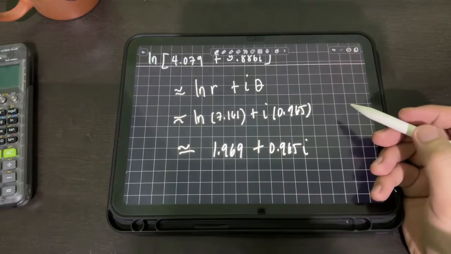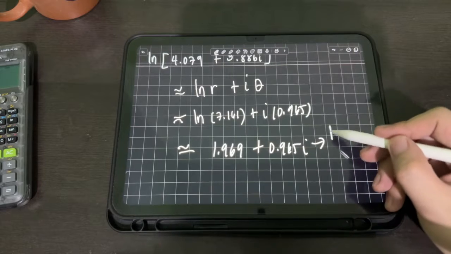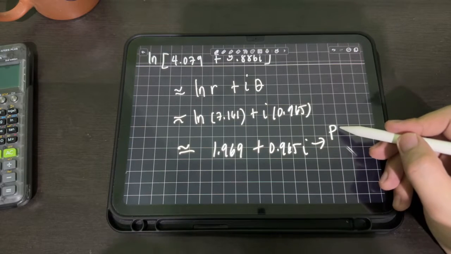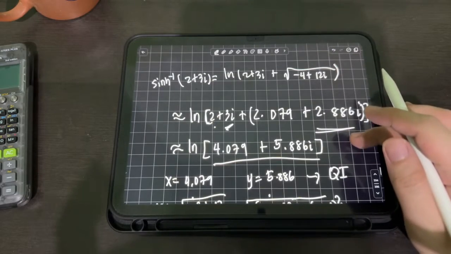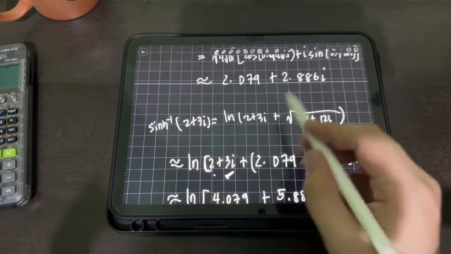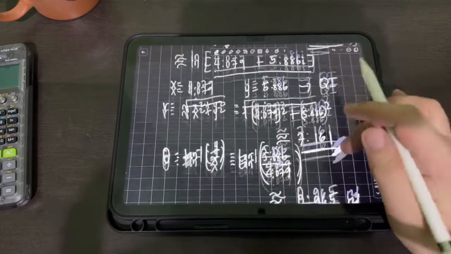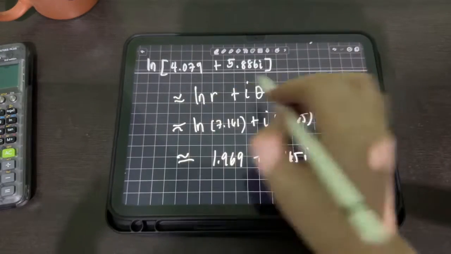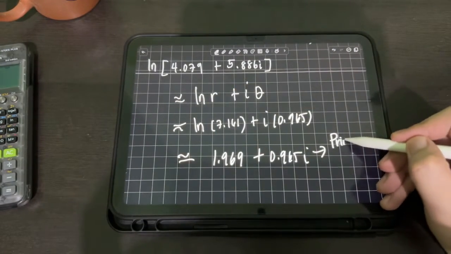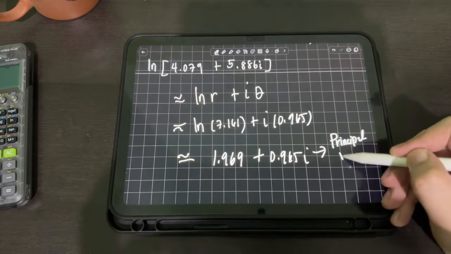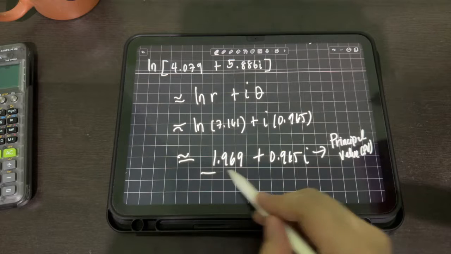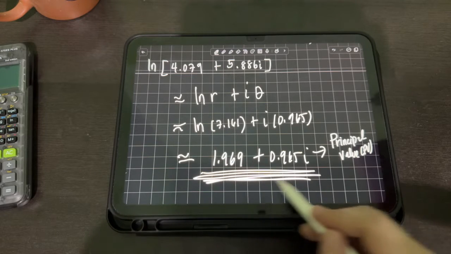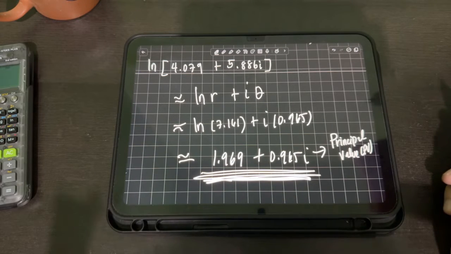Okay, so actually, this is already the answer for the arcsinh because this is the last function that we will evaluate. This is the principal value of the ln, or in short, PV, and it is also the principal value of the arcsinh.